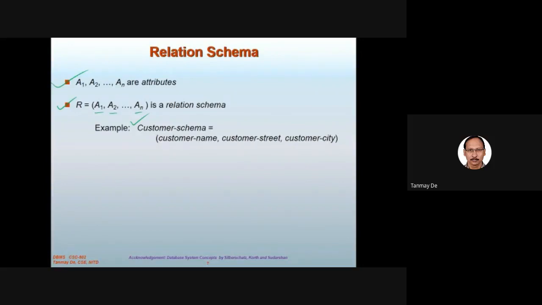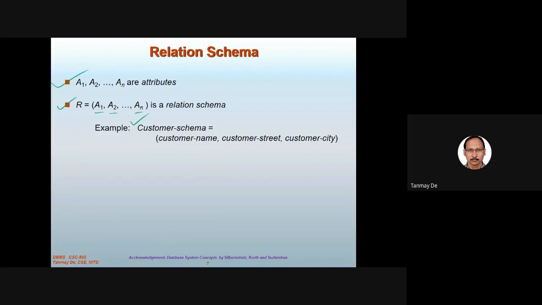That is the schema here in a relational database. But at a particular instant of time, x contains some value, maybe 15. That is called the instance of variable x. Similarly, at a particular time, the contents of the database or of the relational schema are called the instance of that relational schema.